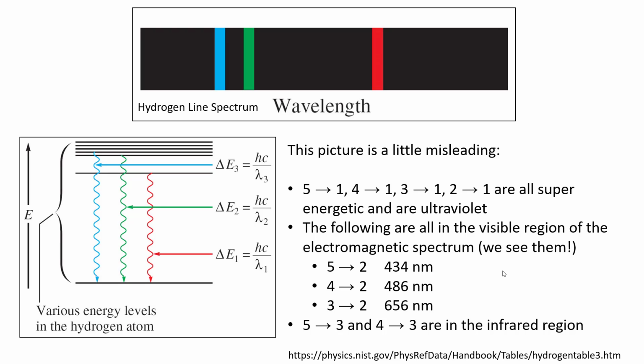So if you were to shine hydrogen light at a prism, these three colors that you see, they are not the 5 to 1, 4 to 1, 3 to 1 transitions, because all of those transitions are super energetic and they're ultraviolet and our eye can't see them. Instead, it's falling from a 5 energy level to a 2, from a 4 to 2, and 3 to 2. Those are the ones that we see.